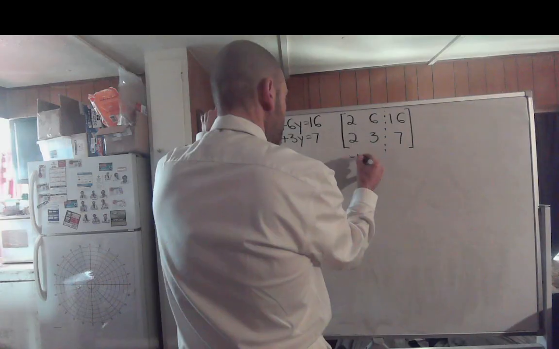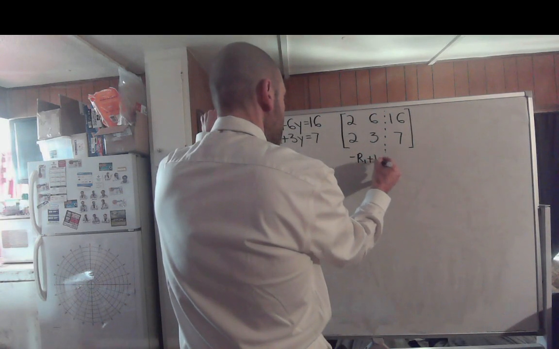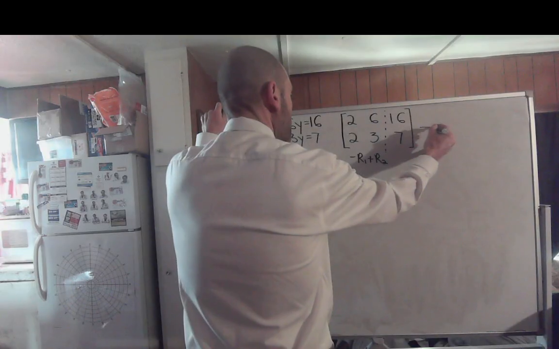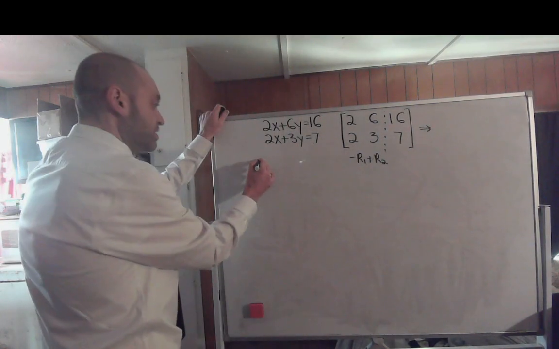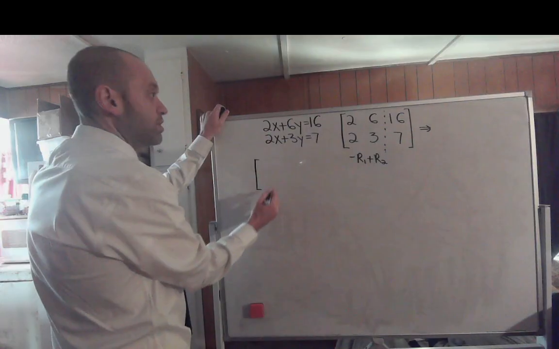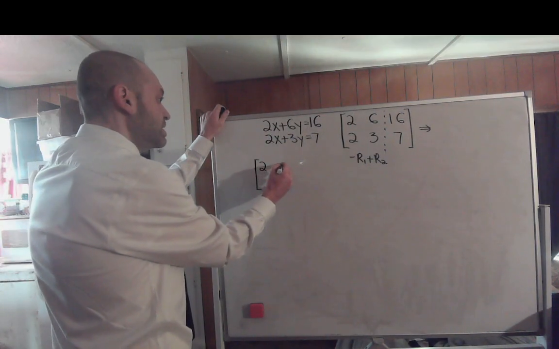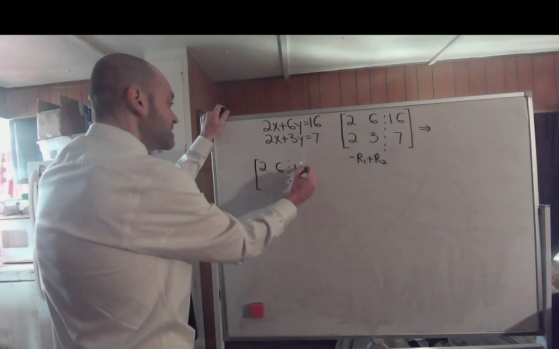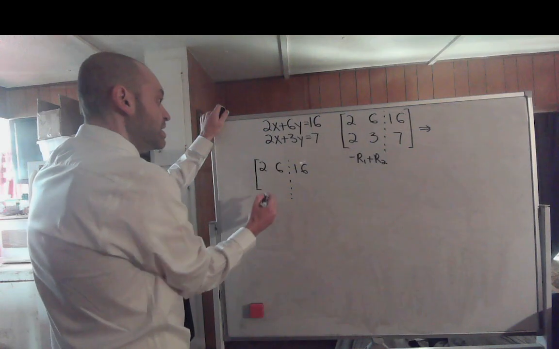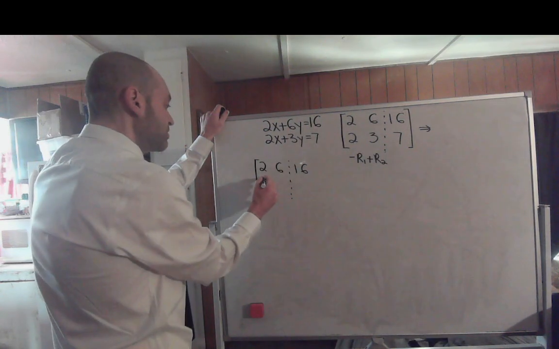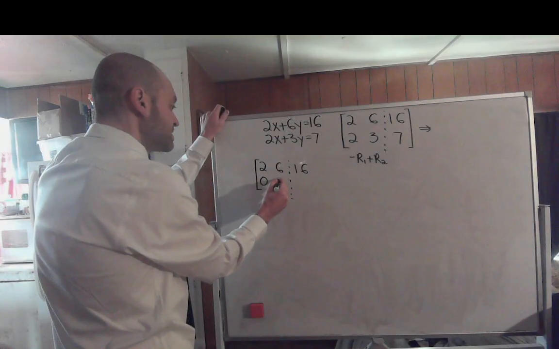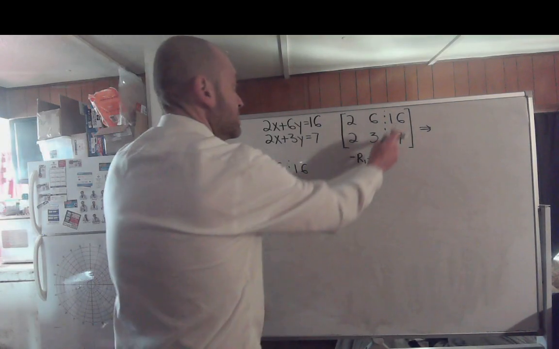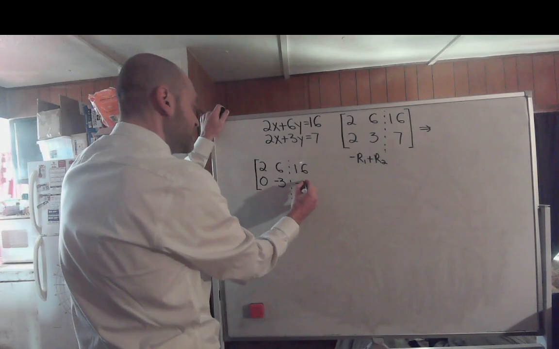So we can just take the negative of row 1 and add it to row 2, and the first digit of row 2 will become a 0. So this would be 2, 6, 16. Negative 2 plus 2 is 0. Negative 6 plus 3 is negative 3. Negative 16 plus 7 is negative 9.